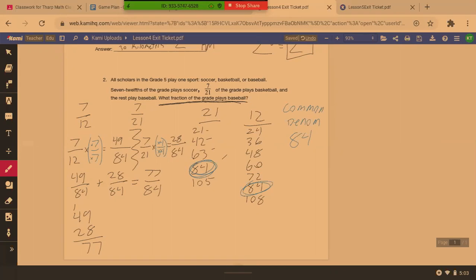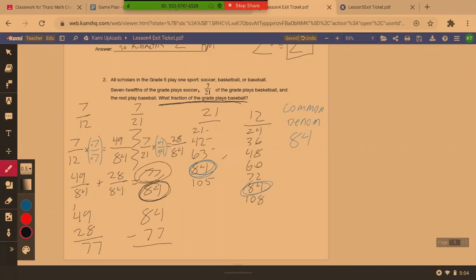So the fraction equivalent of those who play baseball. We know the total pieces are going to be 84. So 84 minus 77. All right, so 7. The fraction equivalent of those who play baseball is going to be the remainder of 84 minus 77, because 77 is the total number of kids who play soccer or basketball.